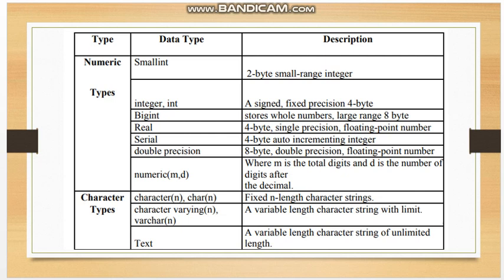Then we have another type, which is the character type. Inside the character type, the data type included is character(n) or char(n). Here n specifies the length of the character. As we already know, whenever we have a column like gender, result or status, it will take some precise value.